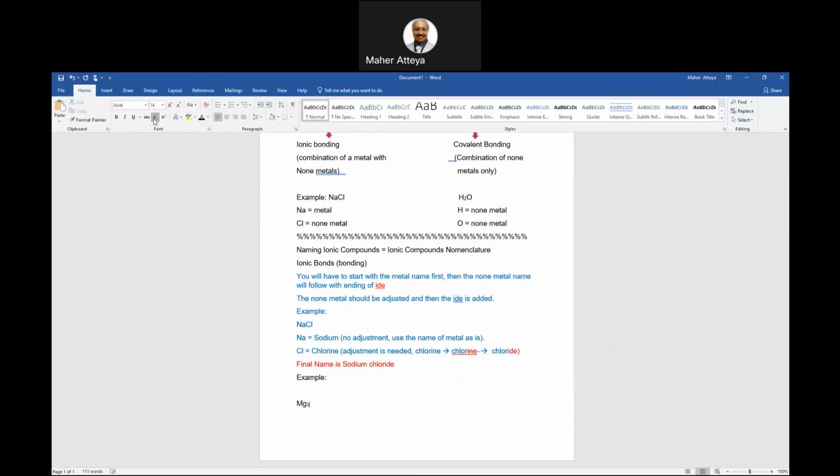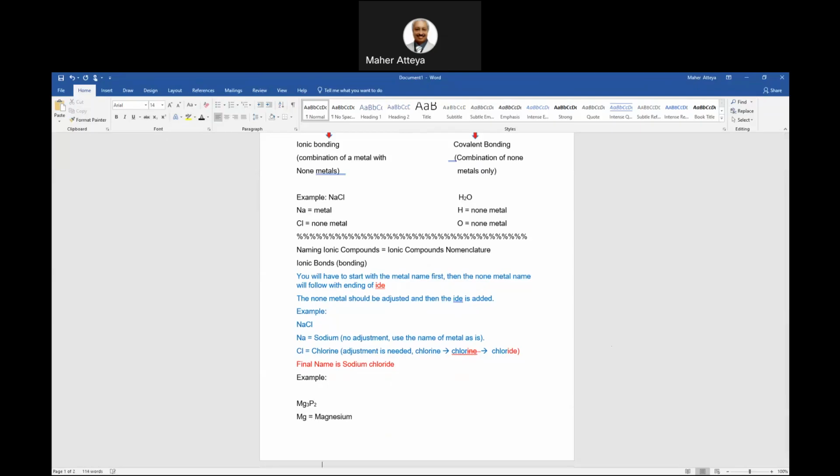Come back and look at those subscripts again. Magnesium, and then I'll put in front of the magnesium here the correct. So this is, and this is phosphorus. So I have 2 elements. One is metal, one is non-metal. So the one will have no adjustment here. So we'll have magnesium, Mg. This is magnesium.